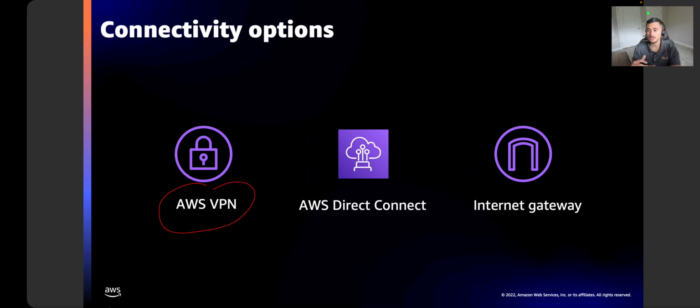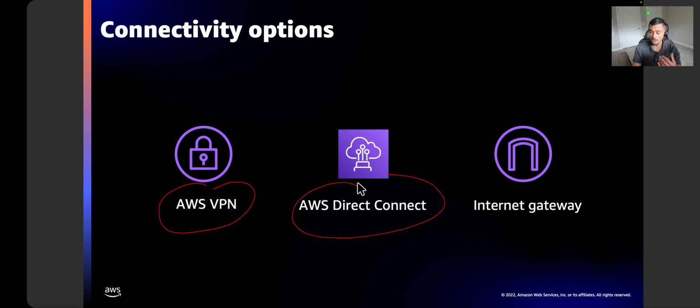That allows us to create an IPsec tunnel, or a VPN connection, where data can be transferred back and forth through this IPsec tunnel. So your data is encrypted, and we can create that virtual private network connection between AWS and your on-premises network.